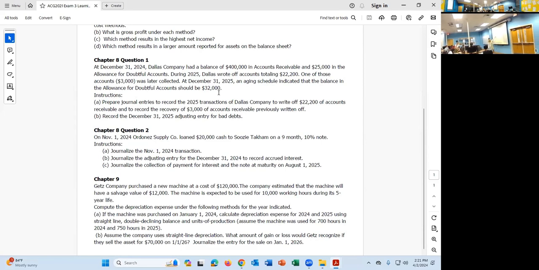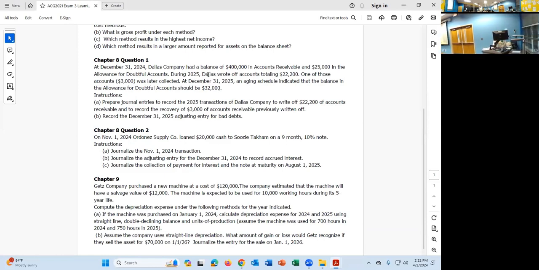Then one of those was later collected, a collection on a written-off receivable. Then we get to the end of the year and we need to do our adjusting entry for bad debt expense. This is one where I really might have to just use the board, because I've got the answers for us, but it helps to look at where those answers come from.